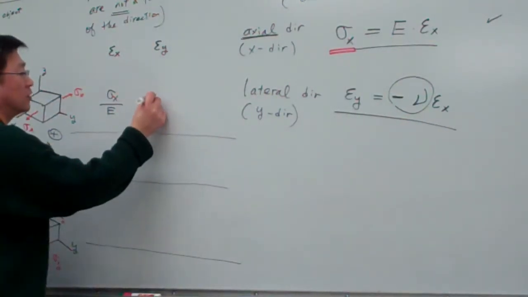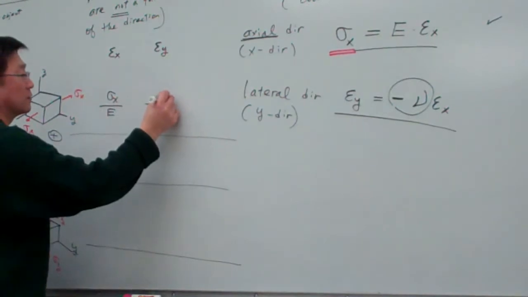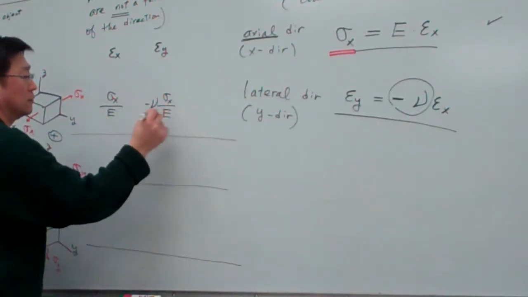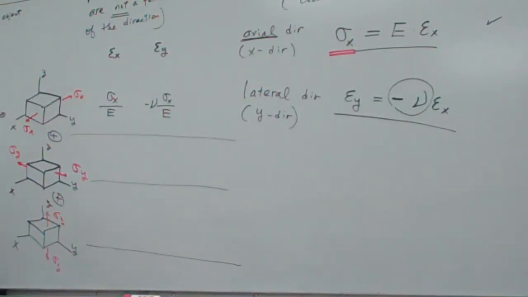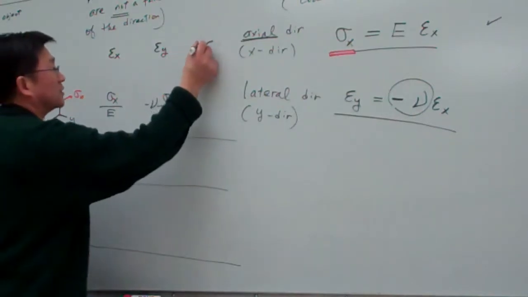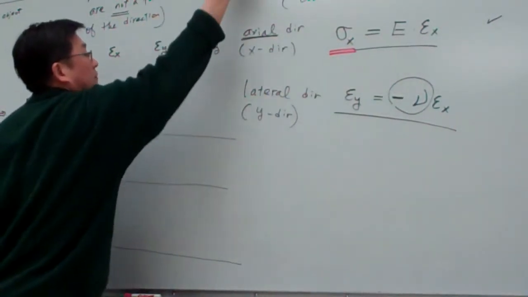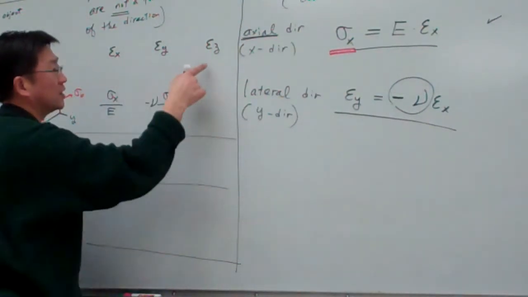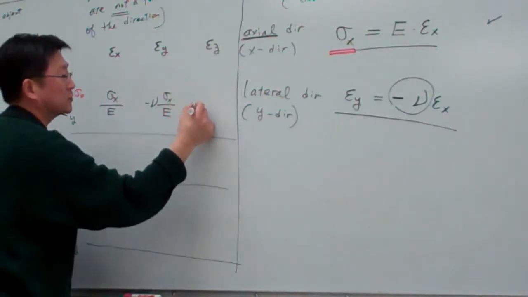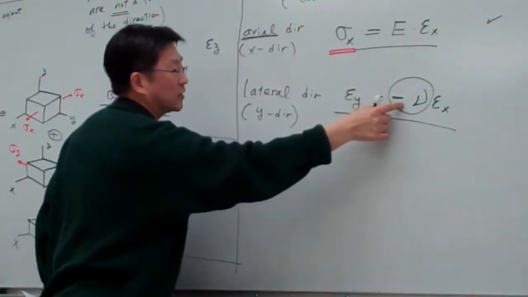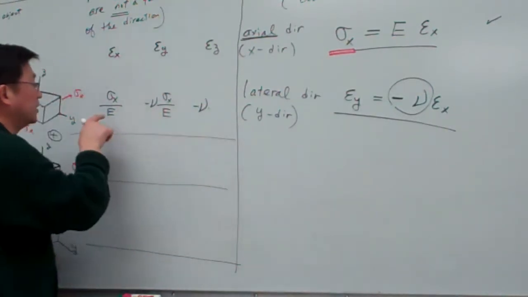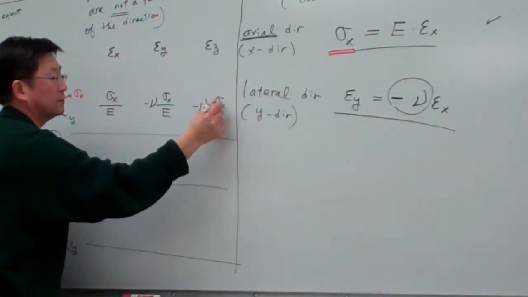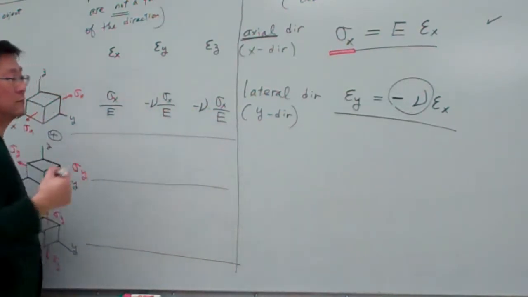Minus mu multiplied by axial strain. Are we okay? And in the z direction, this is the lateral strain. So lateral strain equal to minus mu multiplied by axial strain. Okay?